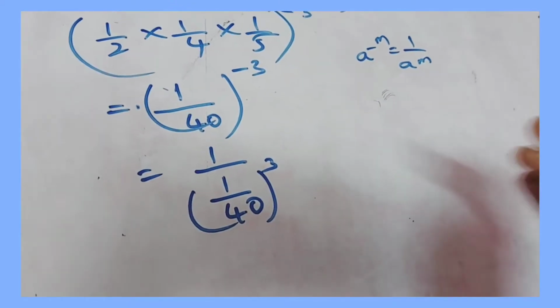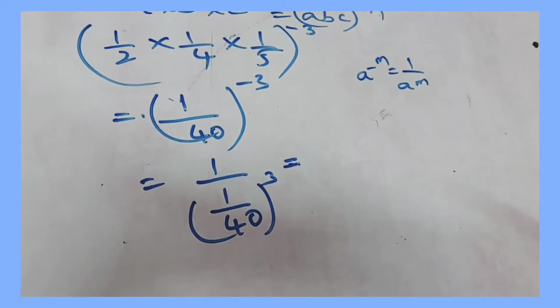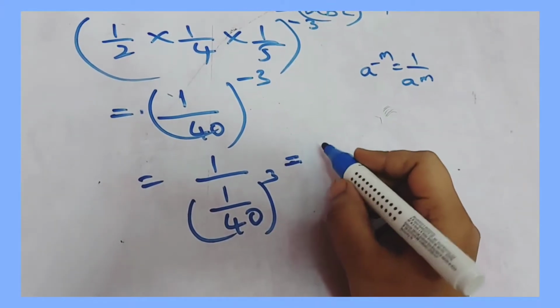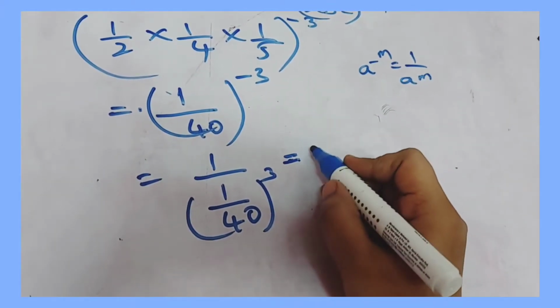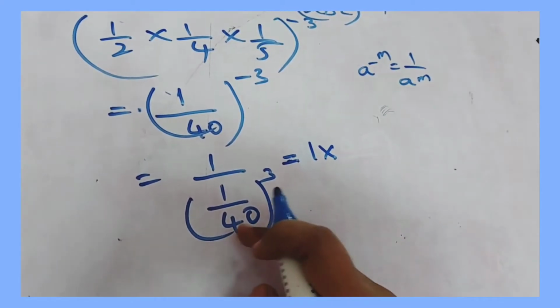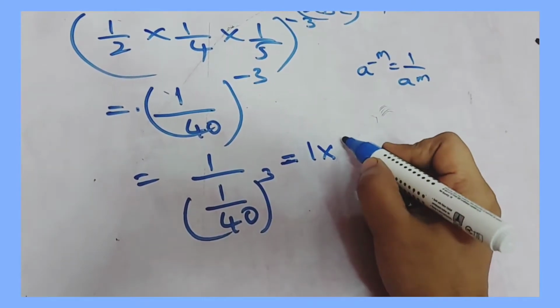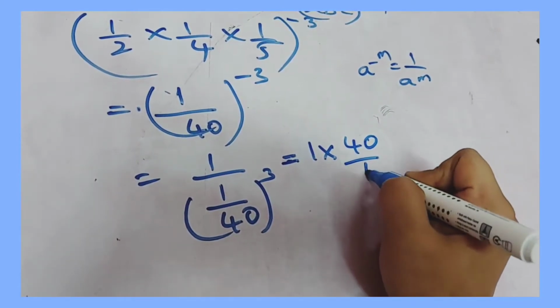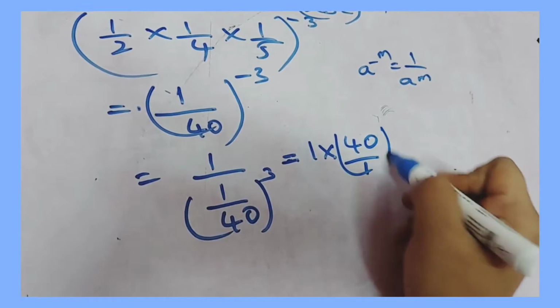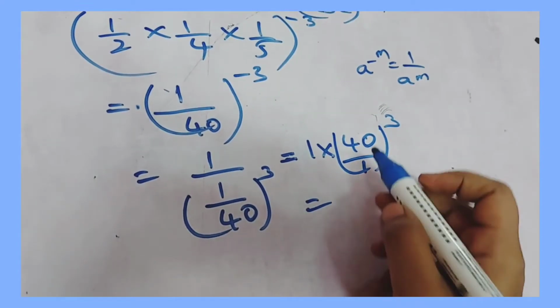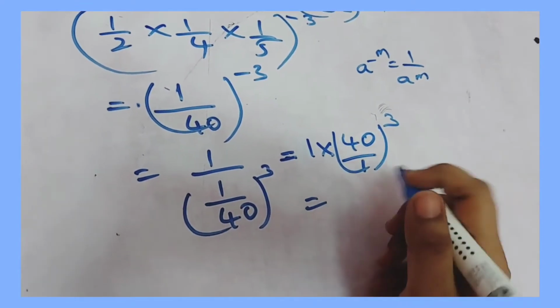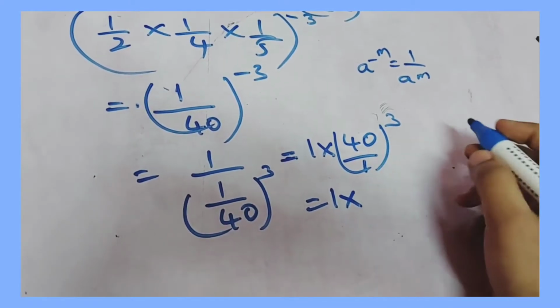Now in fractions, how do you do the division? 1 divided by this, you have to take as 40 by 1. You have to take the reciprocal. 40 by 1, whole cube is there, so you take the cube: 1 into 40 cube.